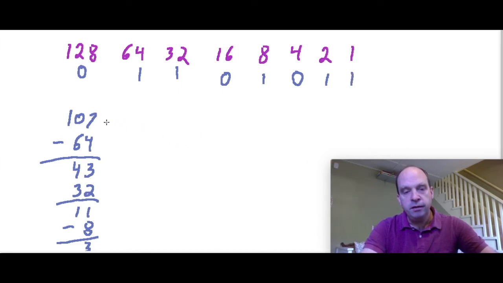So the binary representation, and we can say 0b as an indication that we're talking about binary, is 0b 0 1 1 0 1 0 1 1. So the decimal number can be represented in binary as the number 0 1 1 0 1 0 1 1.